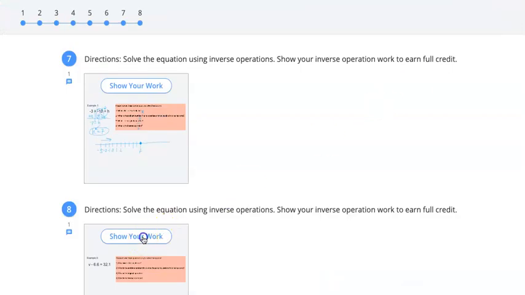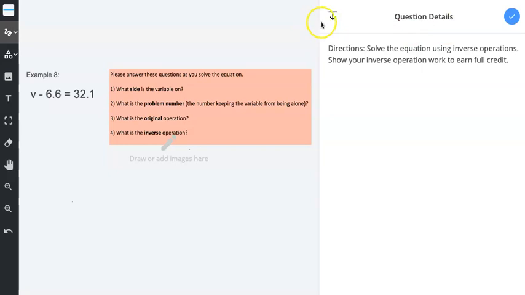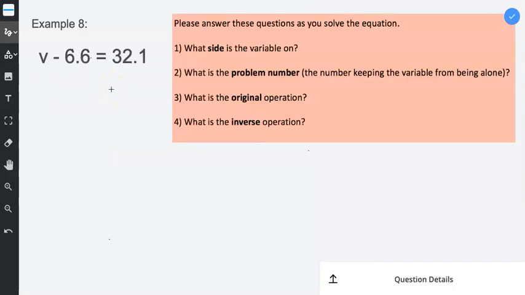We have one more example, example 8, which involves decimals. What side is the variable on? The variable this time is on the left side of the equal sign, so I'm going to put an L for left. What is the problem number? All right, well then -6.6, or you could even just put 6.6, it doesn't matter.